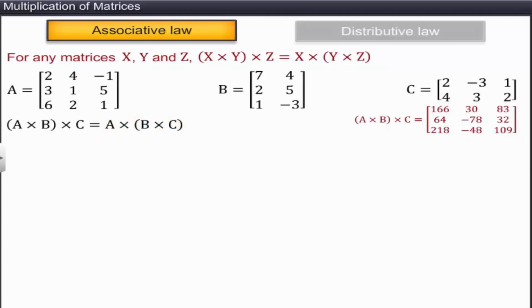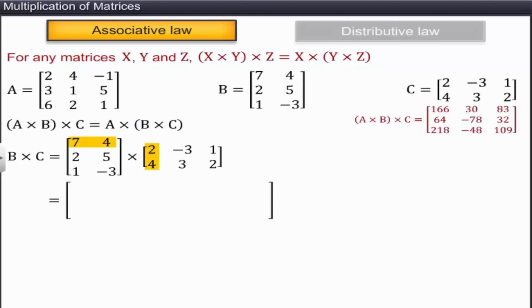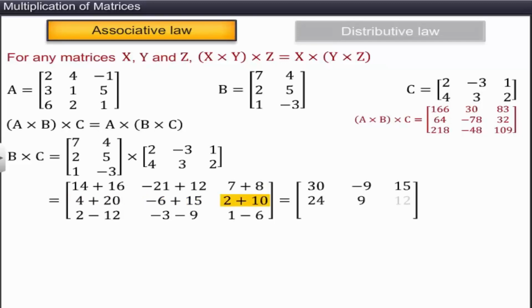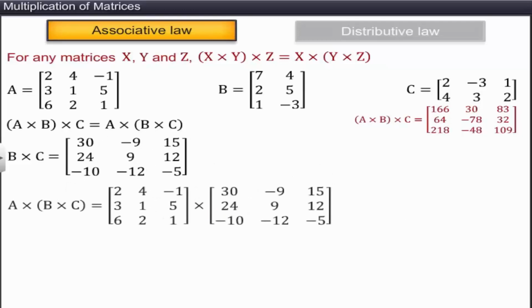First, we will calculate the product of matrices B and C. Next, we will multiply A with this matrix.